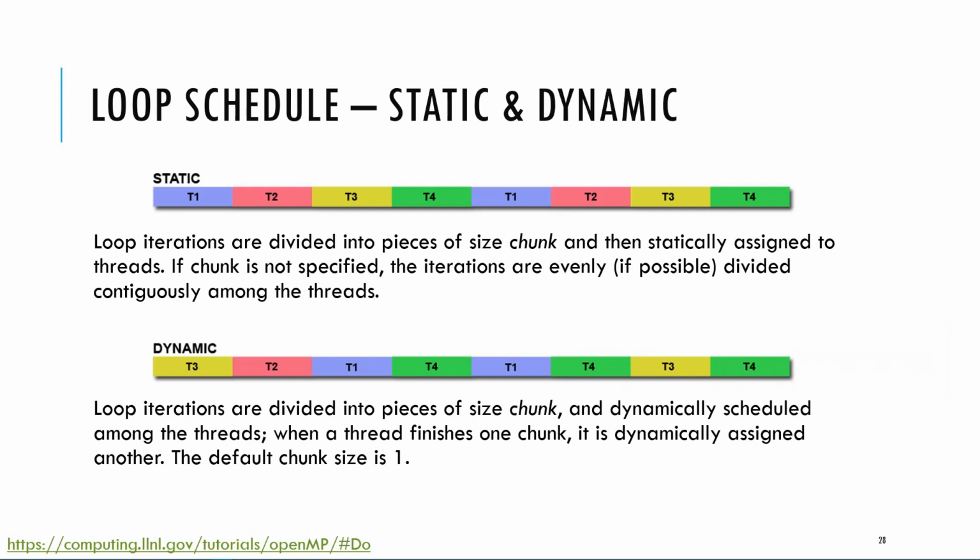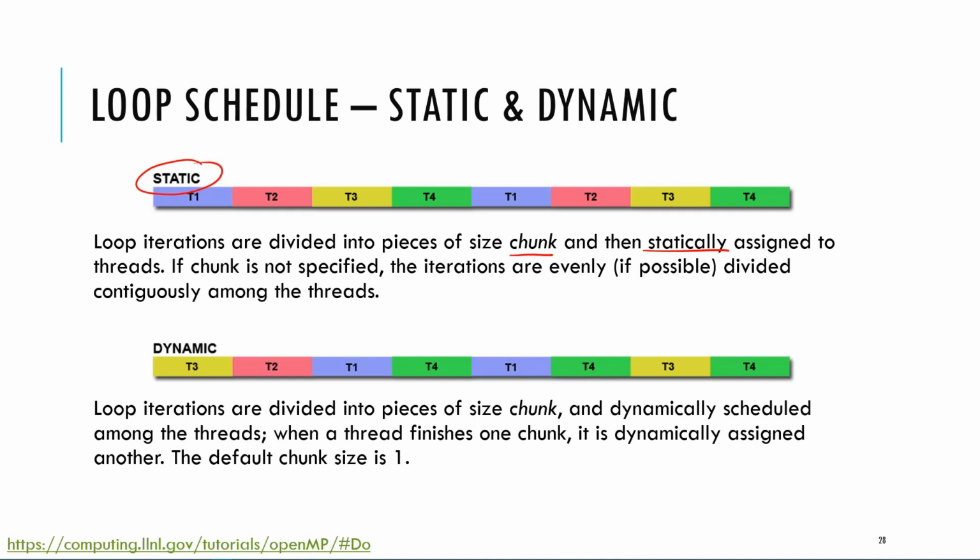It's good to review these examples. And so let's see how the scheduling would be done inside the for loops in OpenMP. The first way of scheduling loop iterations is to divide them into pieces of size chunk, and then statically assign them to the threads. This is what you can define with the schedule static clause, and then after the comma you can define the chunk.